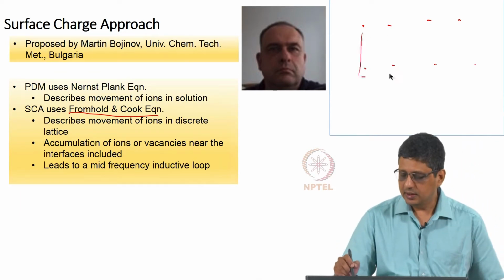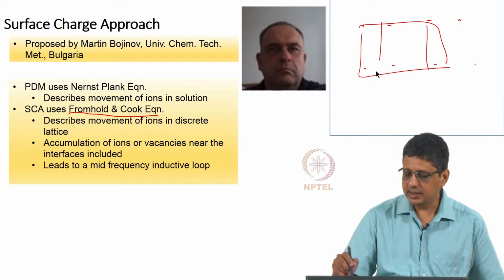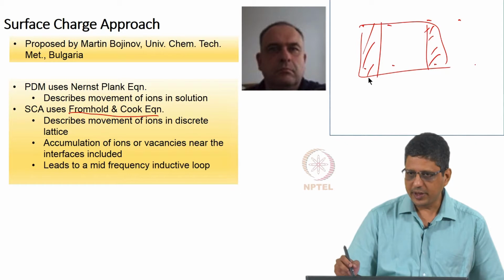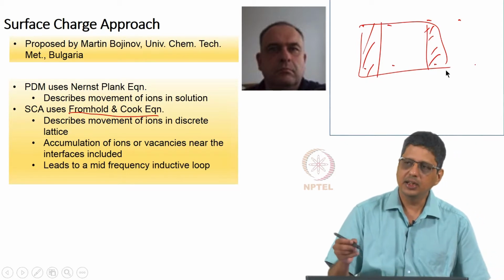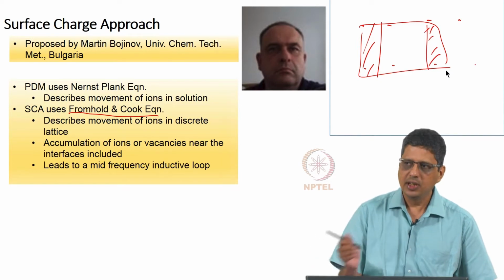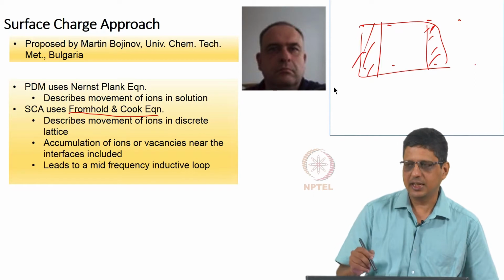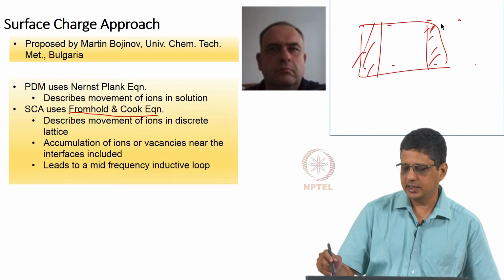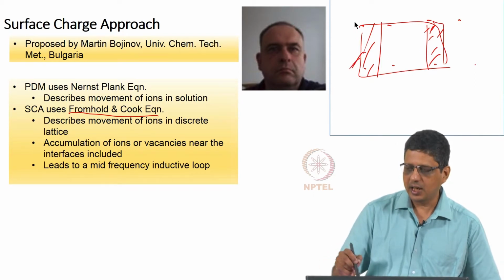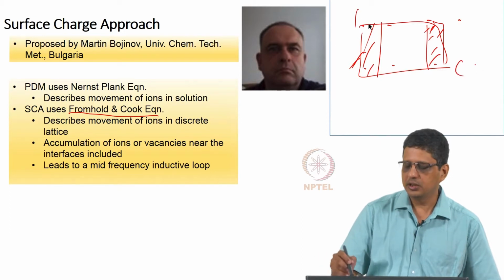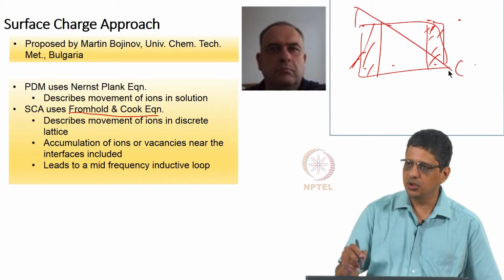Other thing is the accumulation of ions in this. You can have cation vacancies in one location, anion vacancies accumulating in another location. Accumulating meaning the species concentration is not uniform. If it is uniform, you will not have diffusion. It is formed in one location and consumed on the other side. Cation vacancies are formed here, consumed here. Anion vacancies are formed here, consumed here. So, we assume the concentration gradient is going to look like this.